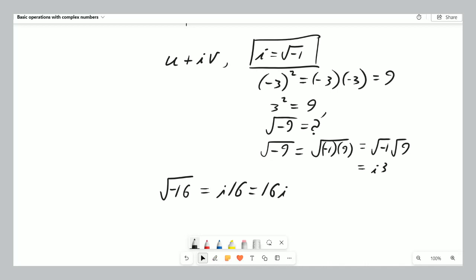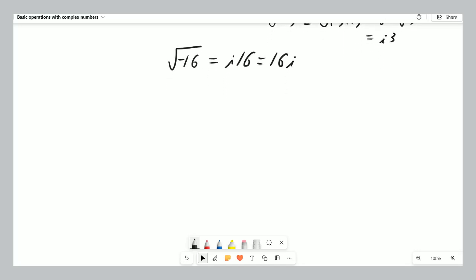A complex number could have an imaginary component and a real component. So, for example, 3 plus 2i, or you could write it 3 plus i times 2, that's a complex number. Its real component is 3, and its imaginary component is 2.